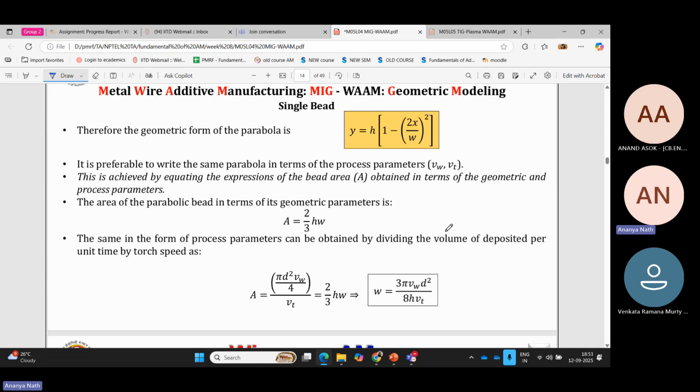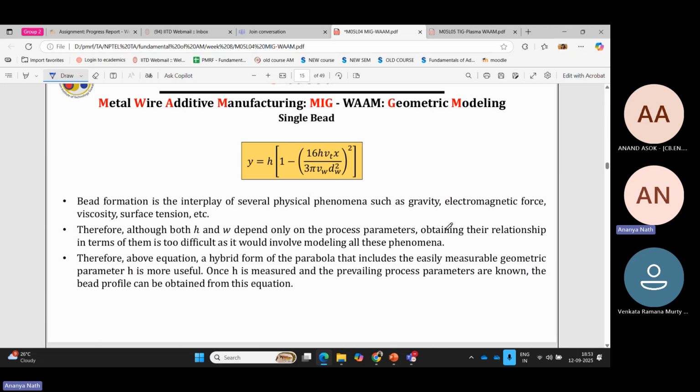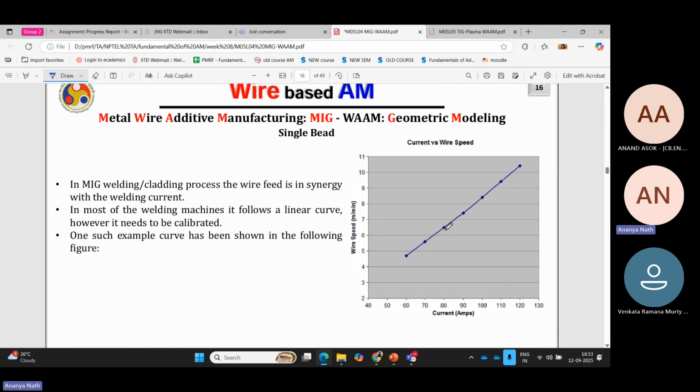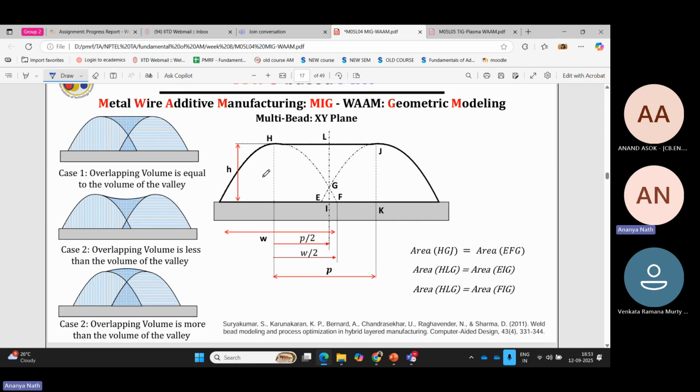As the bead is parabolic in nature, you will get the equation for how you're going to print the next bead. You have to first measure one bead, and then you can print the whole layer by overlapping the beads. So these are the proof of concept. One thing I want to mention is your bead should look like this and not like this.